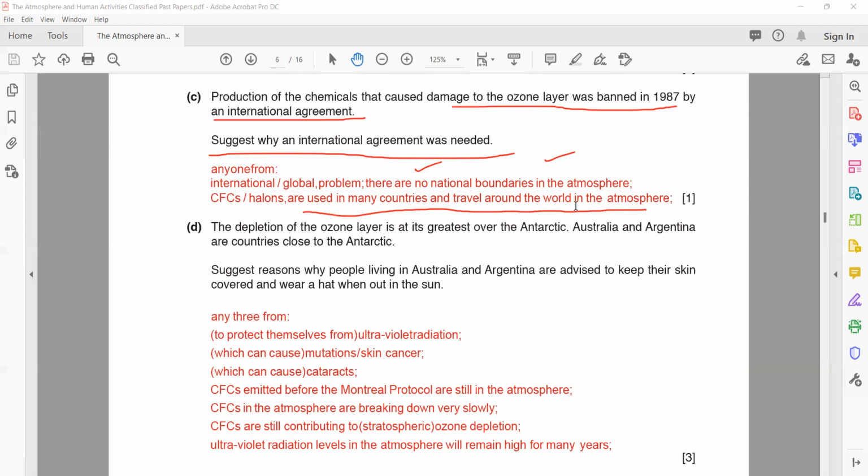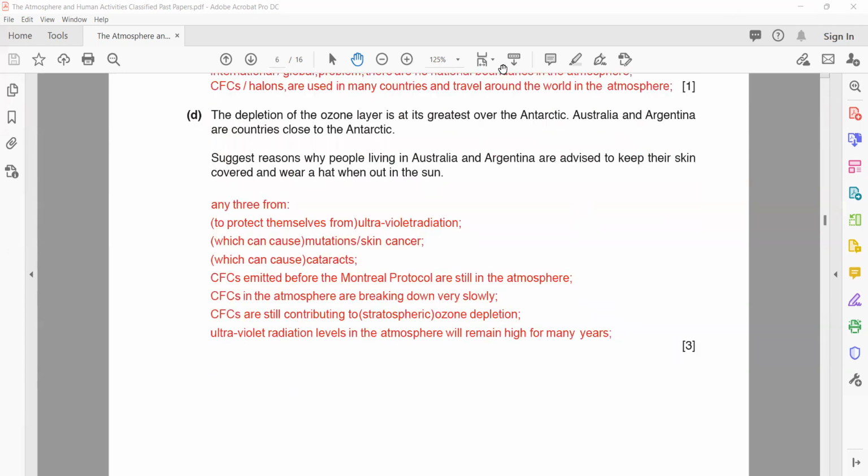Yes. Okay. After that, the depletion. I told you the word depletion means decrease or finish. The depletion of the ozone layer is at its greatest over the Antarctic. Antarctic, Australia, and Argentina are countries close to each other.